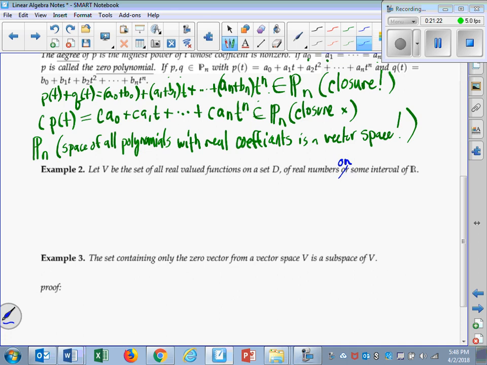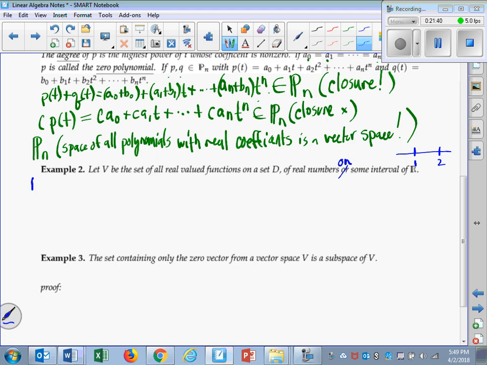It doesn't specify, but maybe it's the numbers 1 to 2, and we're taking all possible functions just on the interval from 1 to 2 or something like that. And we're putting them in a bag, and we're calling that V. It's a set of functions.